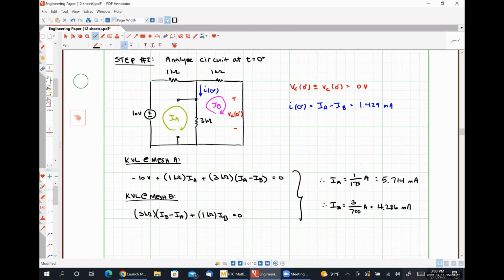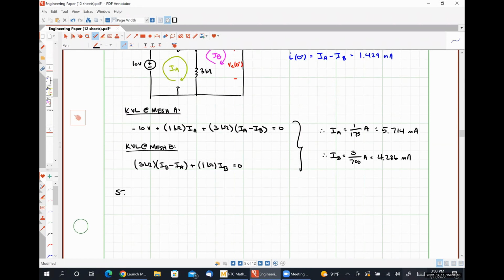Our new step 3 will be to analyze our circuit at t is equal to infinity. And to be clear, this is a DC steady state condition, right? So t is equal to infinity represents the point at which our transient condition has ended and we've resumed being at DC steady state.